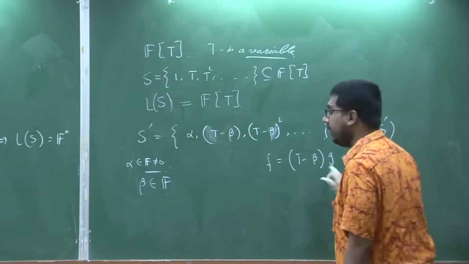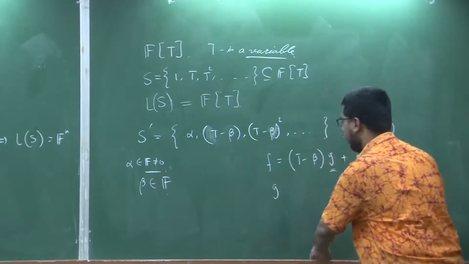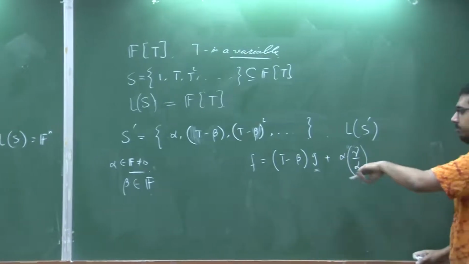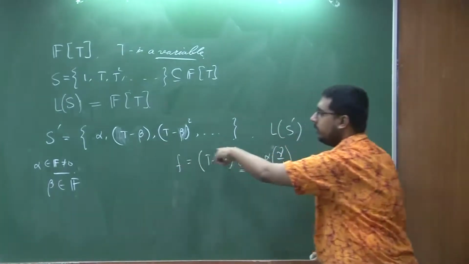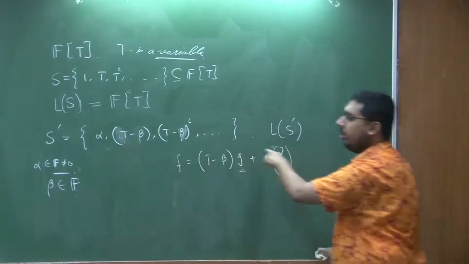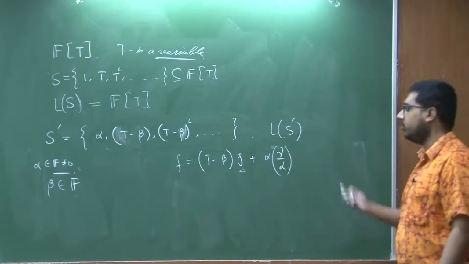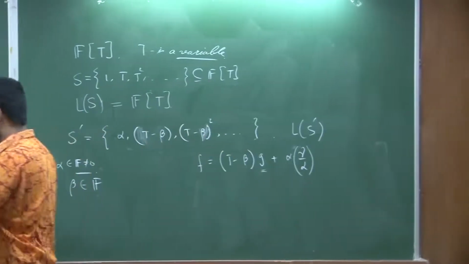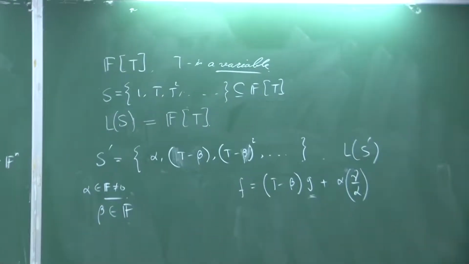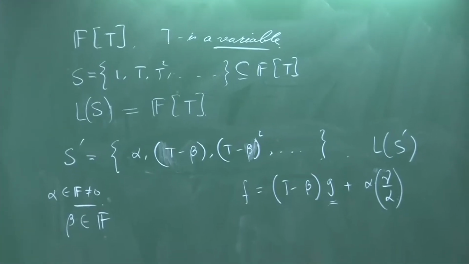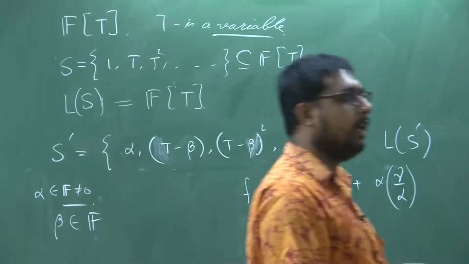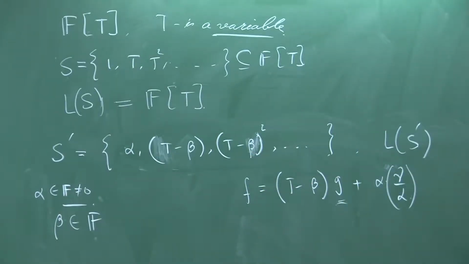Now, for g, the degree is less, and you further apply the division algorithm so that g becomes t minus beta times some g prime. Thus, applying the division algorithm, you will see that any polynomial is a linear combination of these as well. That shows this is also a spanning set. The point that I wanted to make through these two examples is that we can have plenty of sets which hardly have any member in common, but still they can span the same subspace.